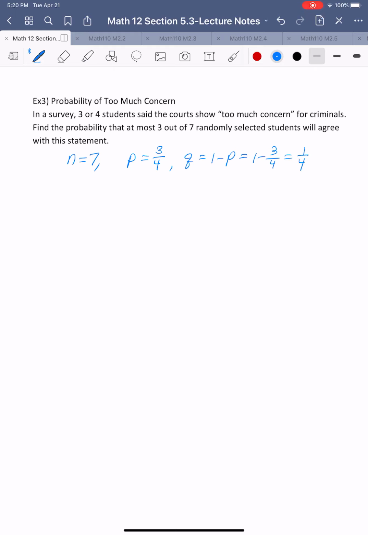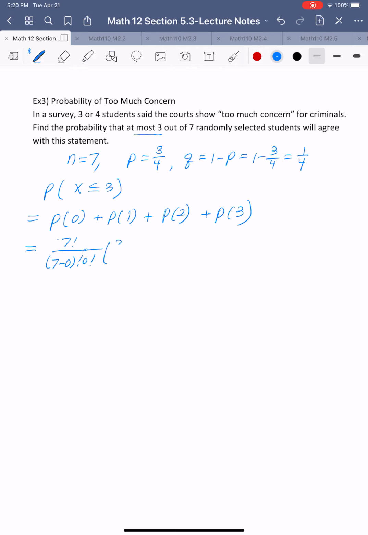So this time we need to find at most 3, which means x must be less than or equal to 3. So in order to do that, we have to find P of 0, P of 1, P of 2, and P of 3. So n is 7: 7 factorial over 7 minus 0 factorial, 0 factorial, times 3 over 4 to the power 0, times 1/4 to the 7 minus 0.